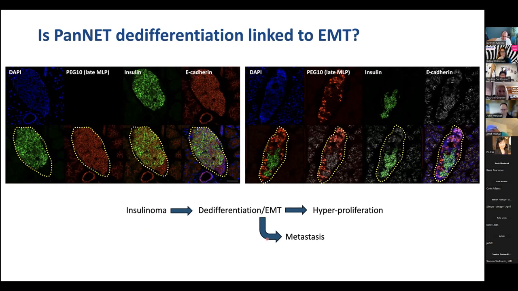But what we also learned from the mouse model is that metastasis happens very early, before these cells start hyperproliferating. If we go back to this mouse model, when it still has low proliferation and you dissect the liver, you already see cells seeded in the liver. So very early metastasis, at least in this model.